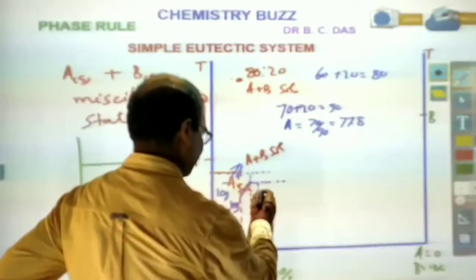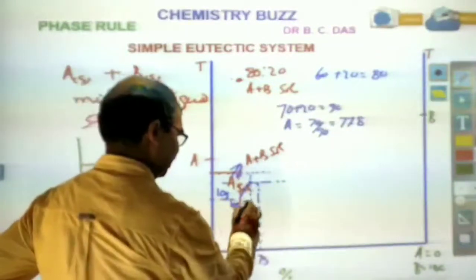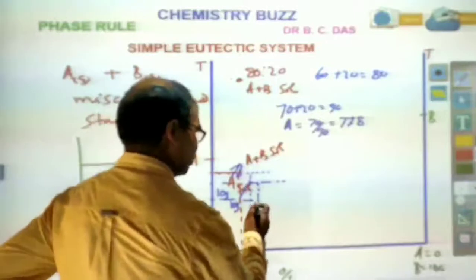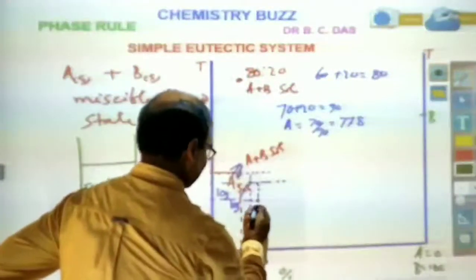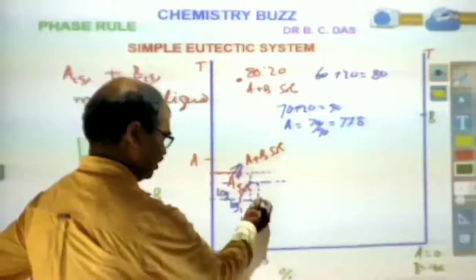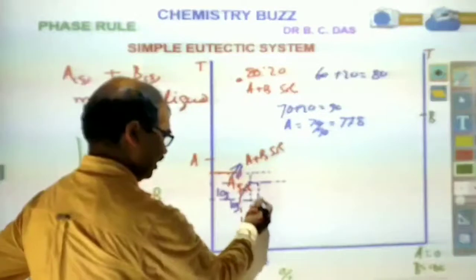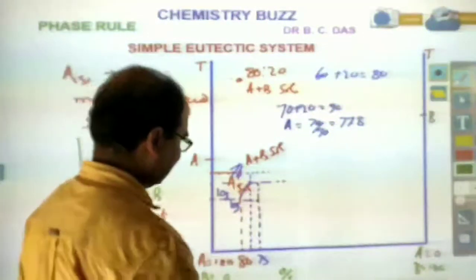At this composition, if we lower the temperature, say to this temperature, the A will separate. So at this temperature, some amount of A will again be separated, say again 10 grams.